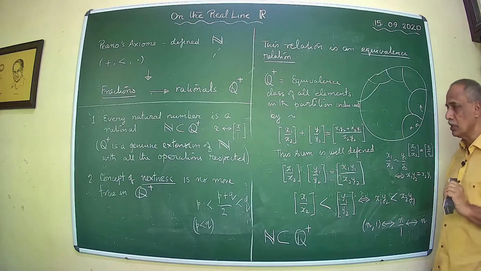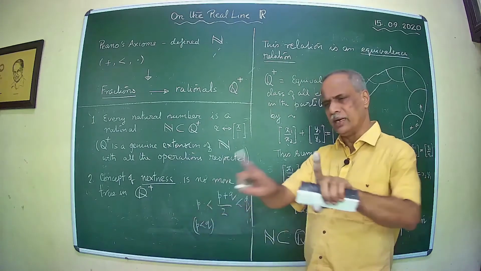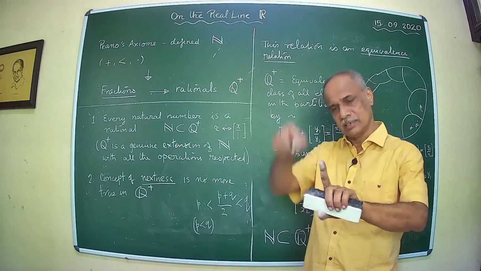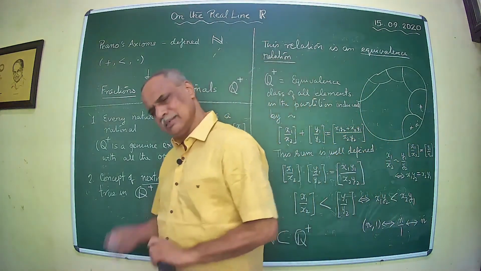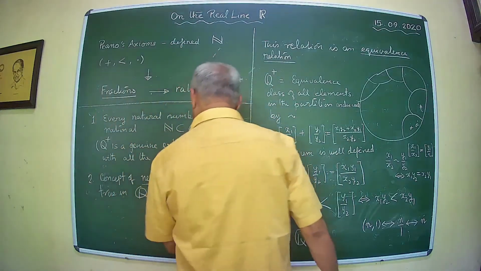That means q cannot be the next to this. If you take two different rational numbers, there is always a rational number between them. So the nextness really goes away.